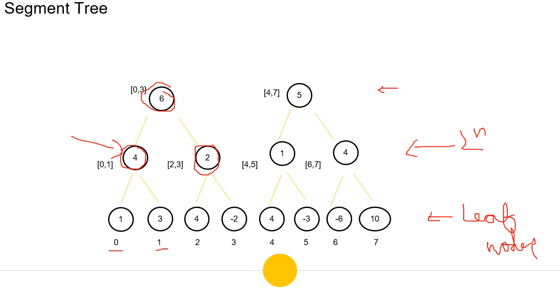So this basically contains the sum of elements from the zeroth index to the third index of our leaf nodes, which are the elements in our array. And this node, 5, contains the sum of elements from the index 4 till 7.